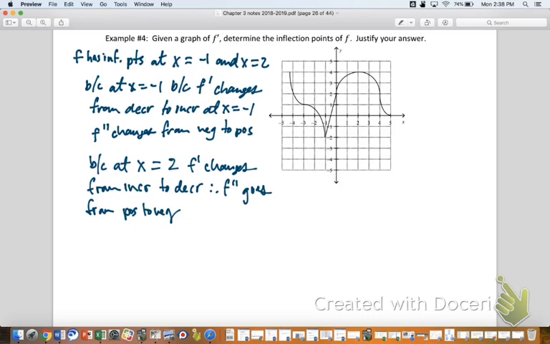Because f prime is not changing from increasing to decreasing. If f prime changes from positive to negative, remember that f prime is describing the slope of f. So you could say f prime changes from positive to negative, therefore the slope of f changes from positive to negative. Now get this, let me connect this for you. Therefore, f changes from increasing to decreasing.